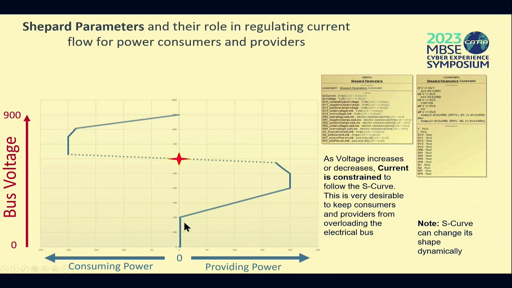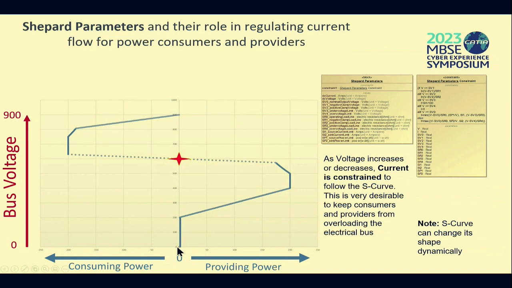So this is considered an S-curve, looks somewhat like an S, and this is a very desirable way for power consumers and providers to follow this current that they could be limited to based on the bus voltage. So what you see here is actually an output from Cameo Simulation Toolkit that was put into an Excel diagram here to show you what the shape of this looks like.